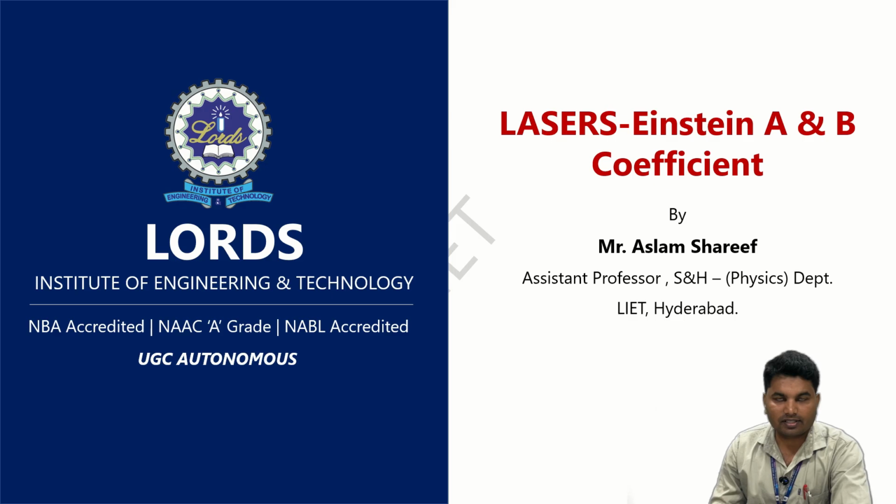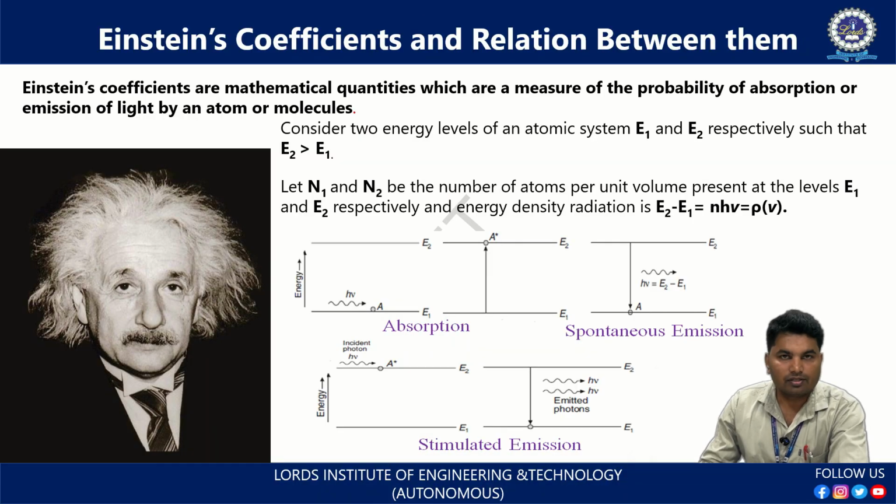Today we are going to discuss a concept called Einstein A and B coefficient in laser series. So as you can see here, we are going to discuss Einstein coefficients and the relation between them.